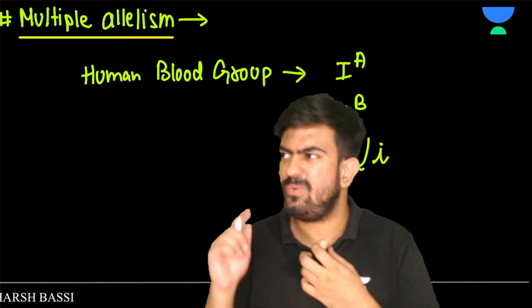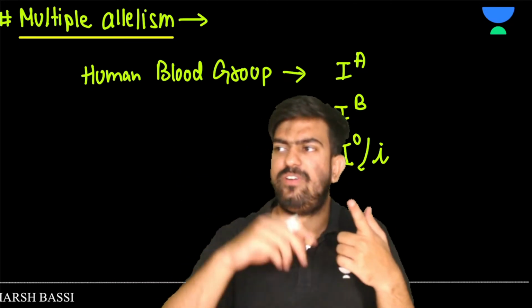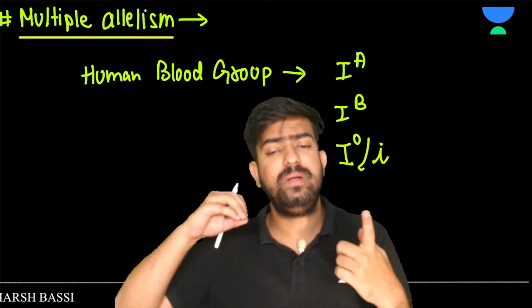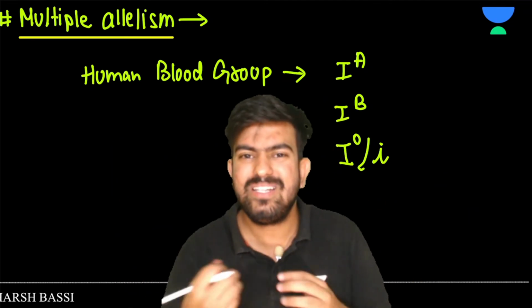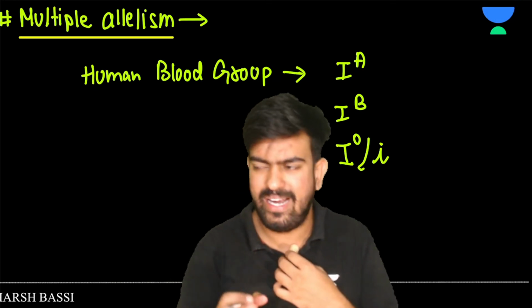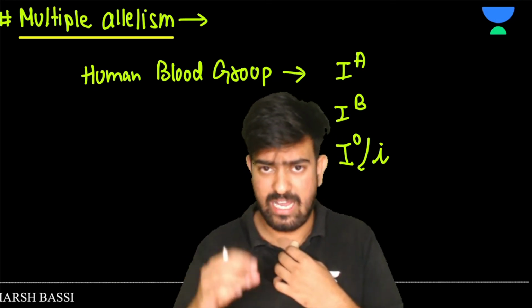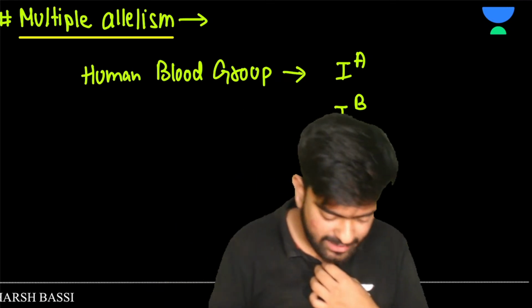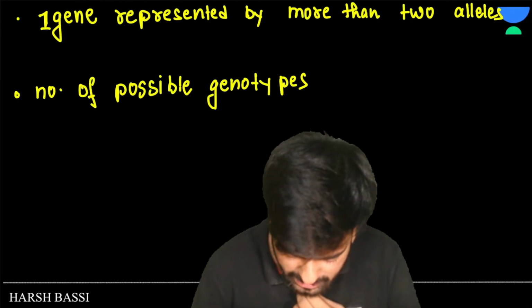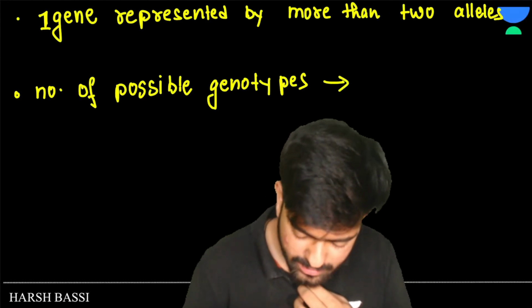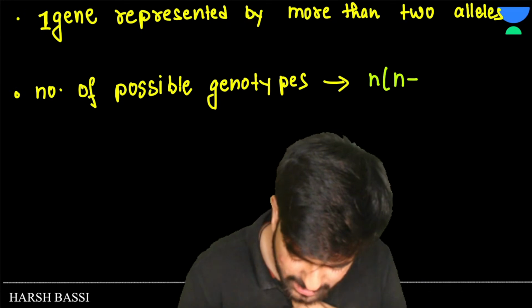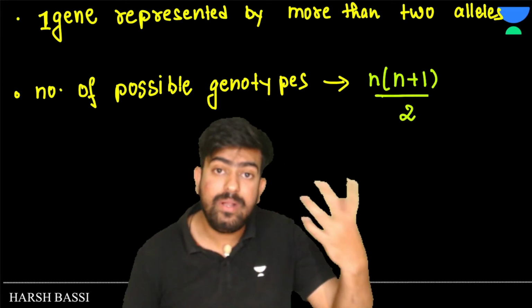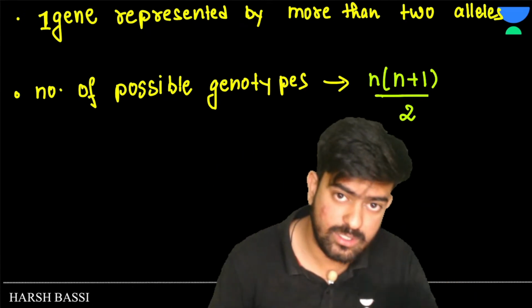You will be like, sir, one combination IA IA, one combination IB IB, one combination II, and so on. But this is very hectic, right? If we say one by one and write one by one, we might make mistakes. So we have a formula for this. The formula is n(n+1)/2, if you need to find out how many types of genotypes are present in a case.